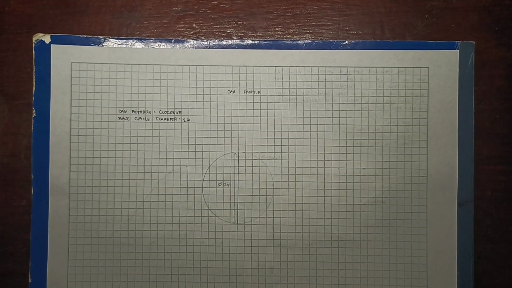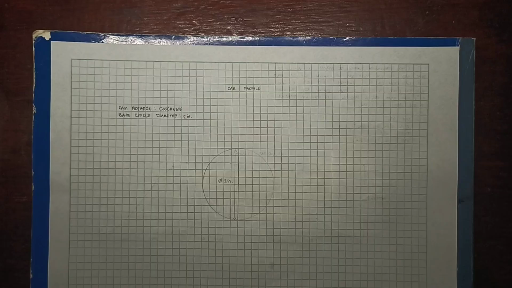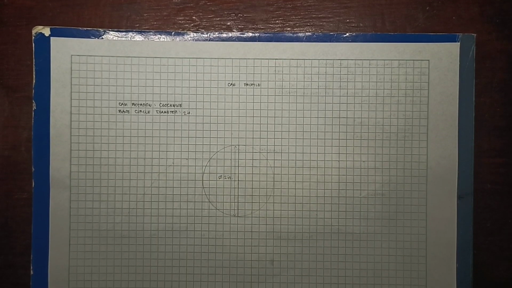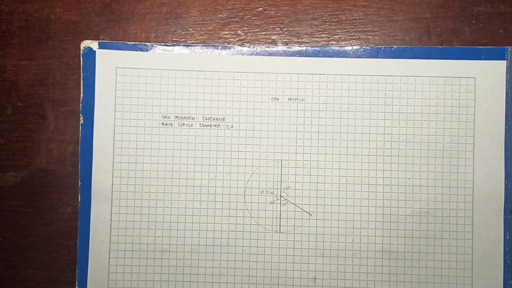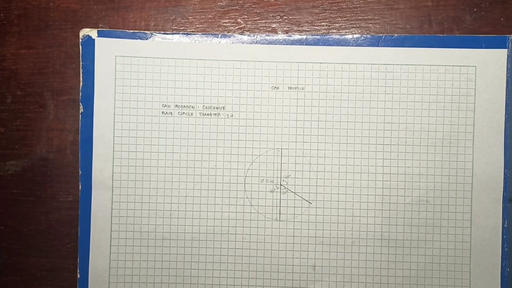Our cam rotation is clockwise, so the follower will go counterclockwise. That's why we also need to start drafting in a counterclockwise direction. We are already done dividing our base circle into 3 different sectors.